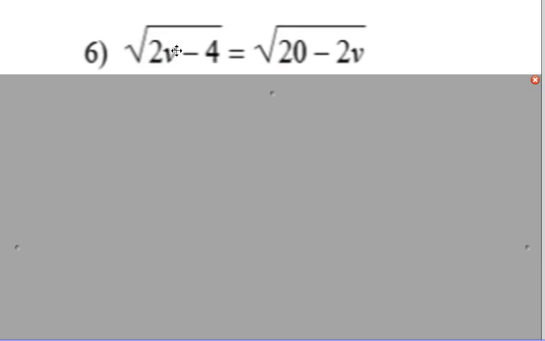So now we have a radical on both sides. They're both isolated, so we're going to square both sides.